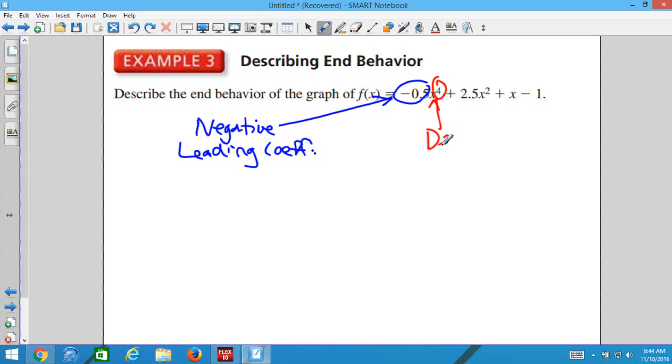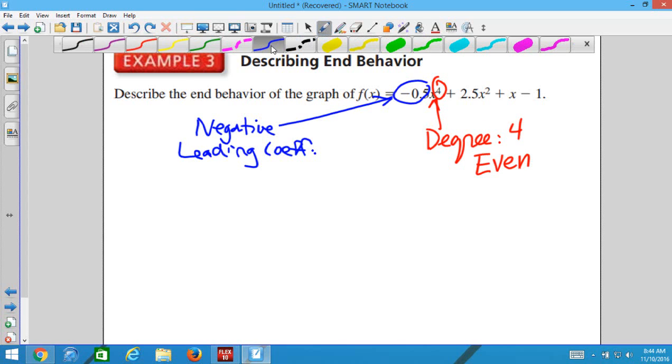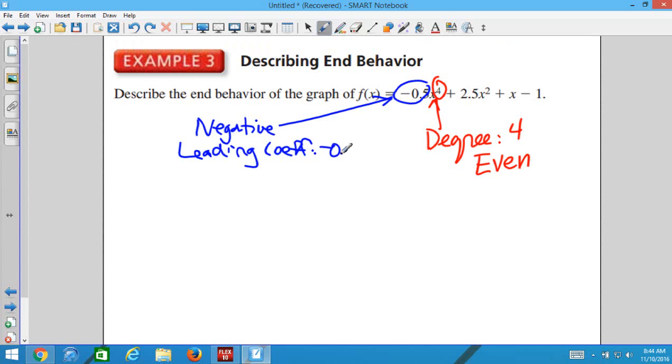The degree is 4, which tells me even. The leading coefficient is negative 0.5.